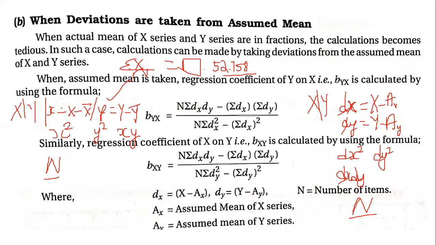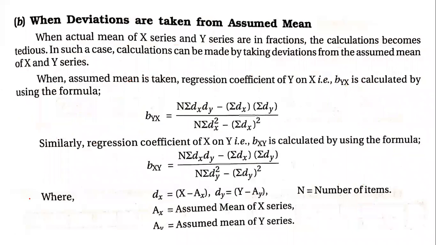If you're getting points like this, go for the assumed mean calculation. That is the only way you will be able to understand whether to take the actual mean or the assumed mean. Any doubts until here? Did you all understand?